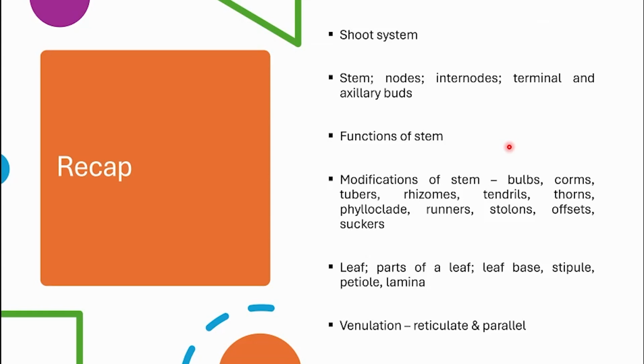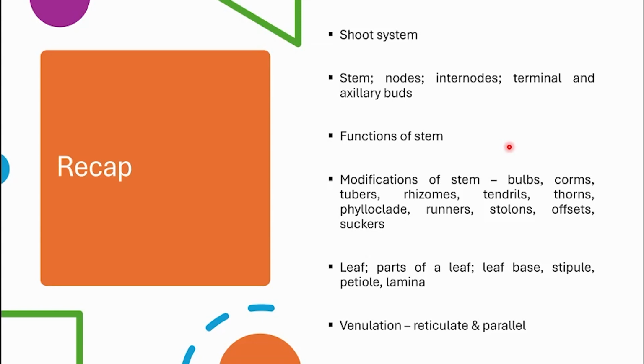The stipule is a small leafy structure that comes out at the point of attachment of the petiole and leaf base to the stem. Then there is the lamina, which is basically the main part of the leaf, the face of the leaf, kind of.